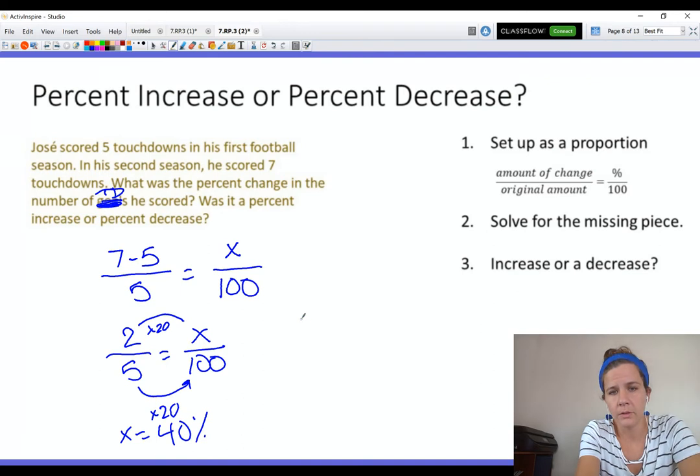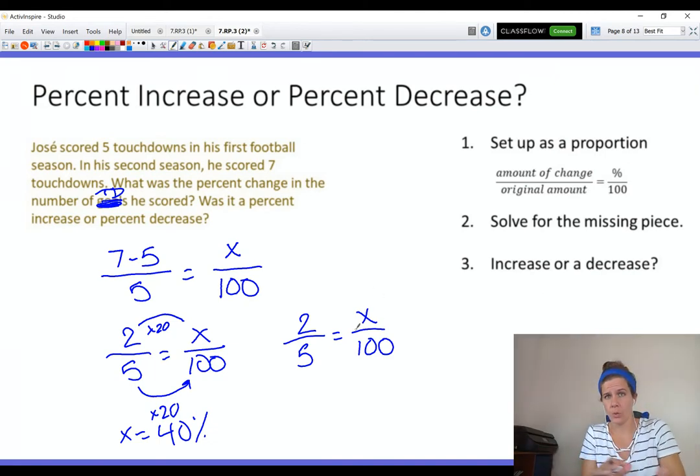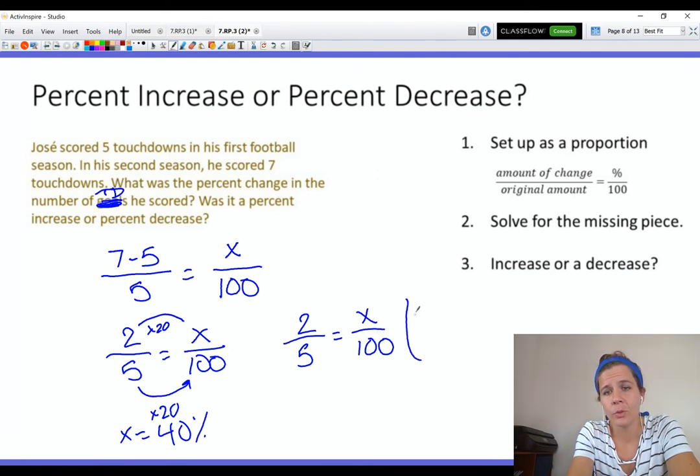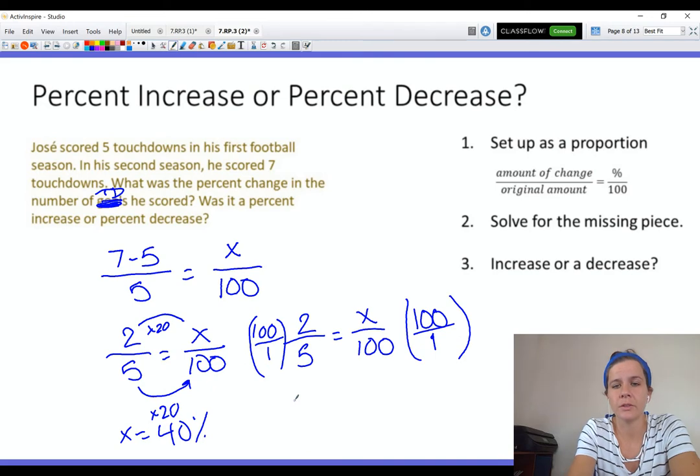The other way to look at this is we have 2 over 5 equals x over 100. I want to isolate the x. I want to get it by itself. Remember with algebra, what we learned in 6th grade is we want to get that variable by itself, and we use inverse operations. Well, x is being divided by 100, so we want to multiply the whole thing by 100, this piece by 100, and then we want to multiply this piece by the same thing, because whatever you do to one side, you've got to do to the other side.